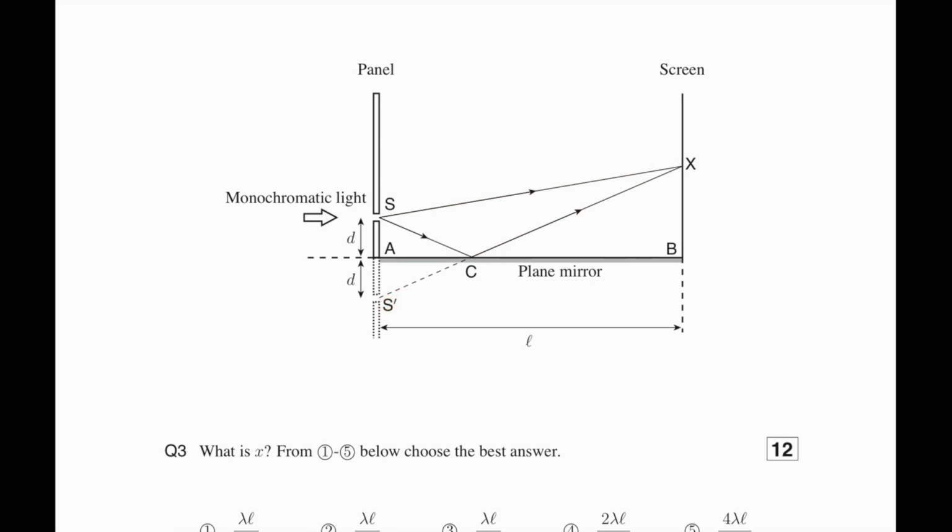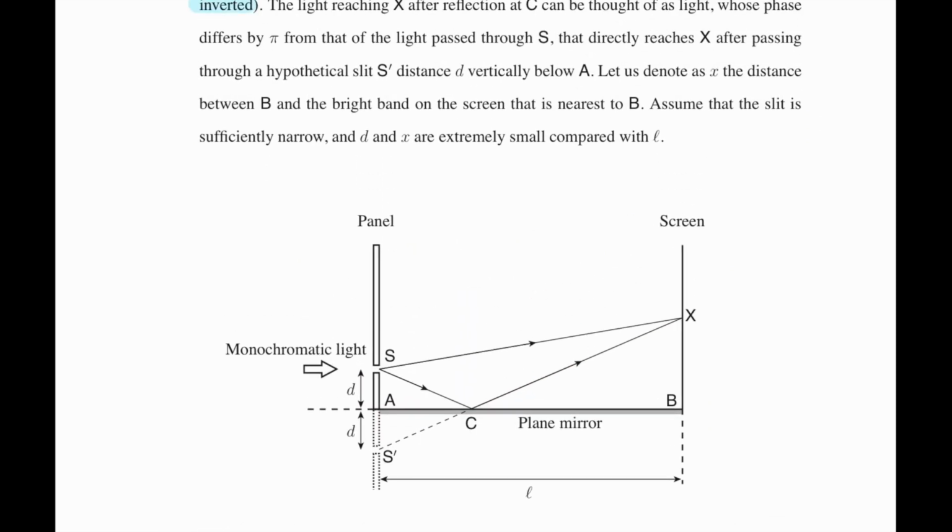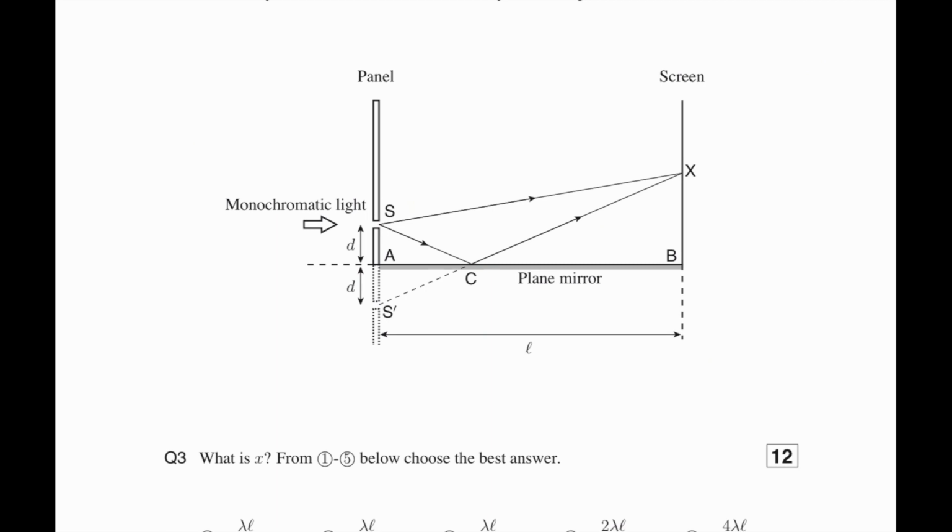So basically this question is really similar to the Young double slit, but in Young double slit the phase difference between our waves is zero, or we can say that the waves are in phase. That is for normal Young double slit.